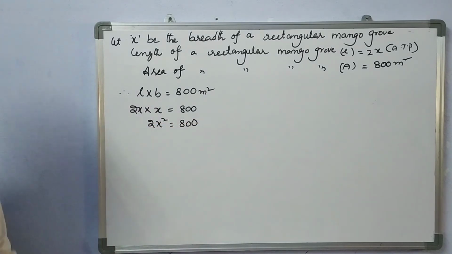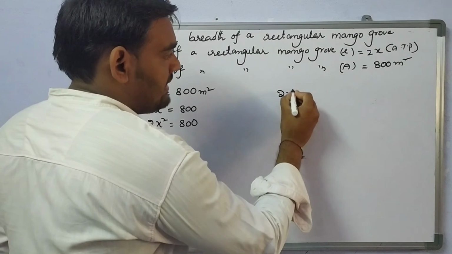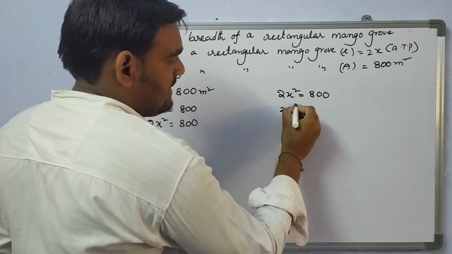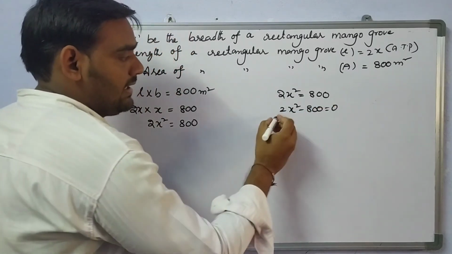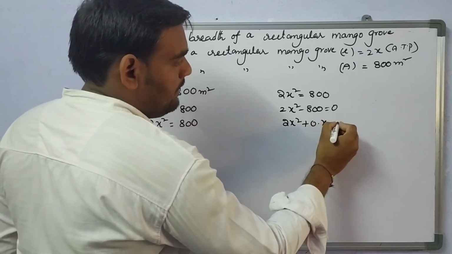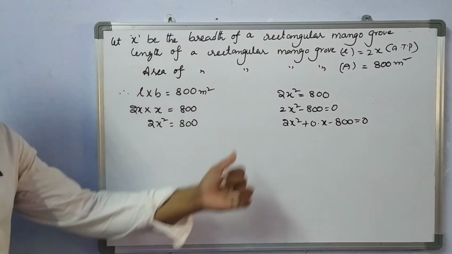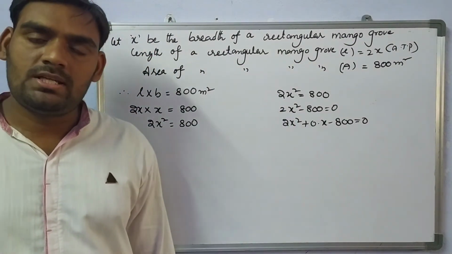So here we need to make a quadratic equation by using this. Here we can write 2x square is equal to 800 as 2x square minus 800 is equal to 0. Later we can write 2x square plus 0 into x minus 800 is equal to 0. Okay, it is in the general form of a quadratic equation.